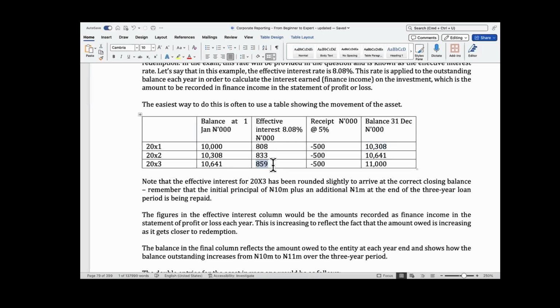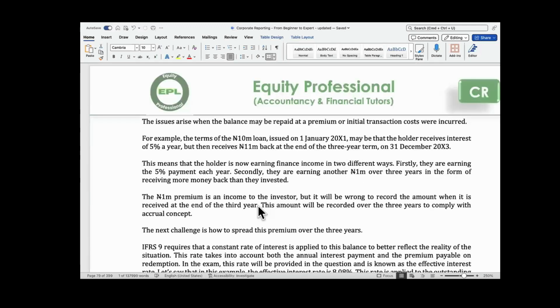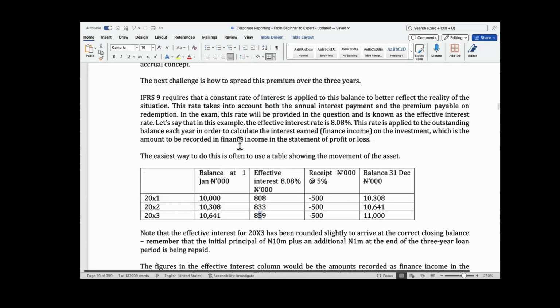Thank you very much. 2,500, which is the same as what Husseini told us when we were starting. When I showed you this question, he said this guy is making 2,500, and that's what we have gotten. So you see that we have logically spread that 2,500 over 3 years, using this effective interest rate method.